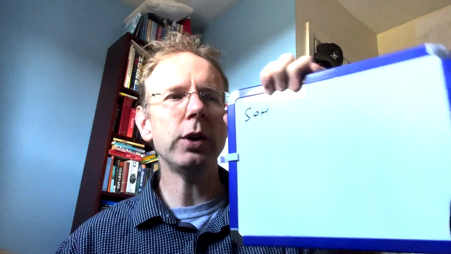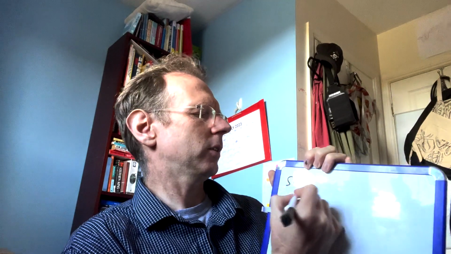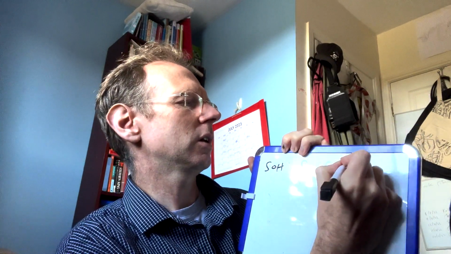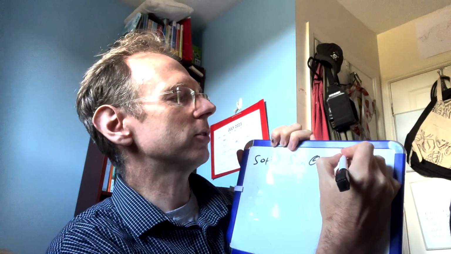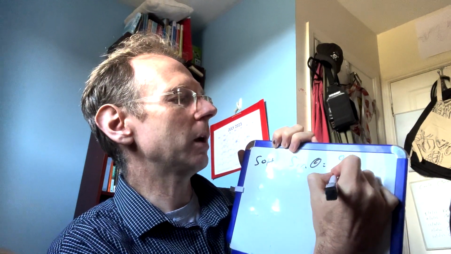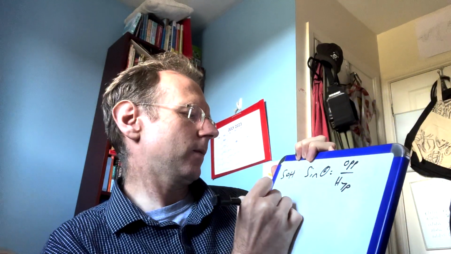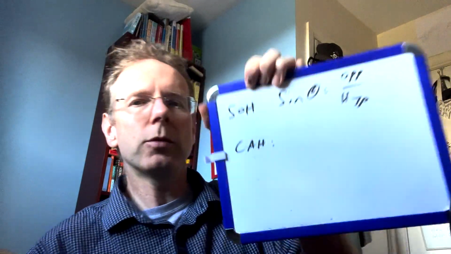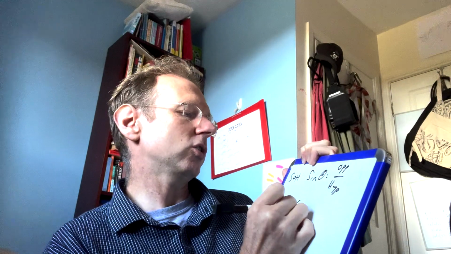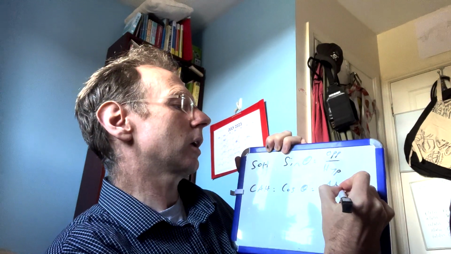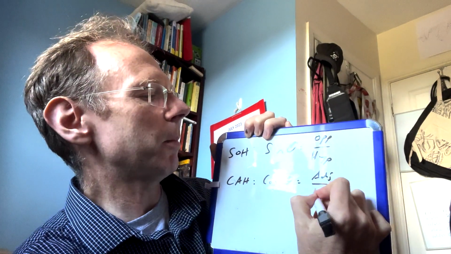So, S-O-H: sine of the angle is opposite over hypotenuse, right? Ka means cos of the angle, so cos is adjacent over hypotenuse.